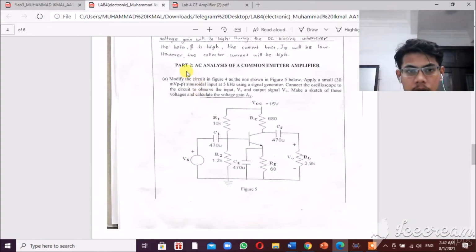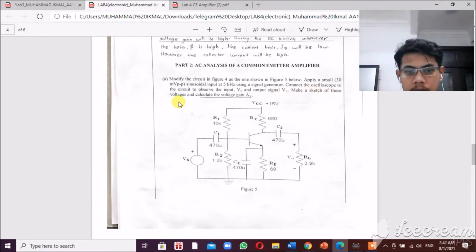So let's continue to part 2, AC analysis of a common emitter amplifier. We modify the circuit in figure 4 as the one shown in figure 5 below. Apply a small 30 millivolt peak-to-peak sinusoidal input at 5 kHz using signal generator. Connect the oscilloscope to the circuit to observe the input Vs and output signal Vo.